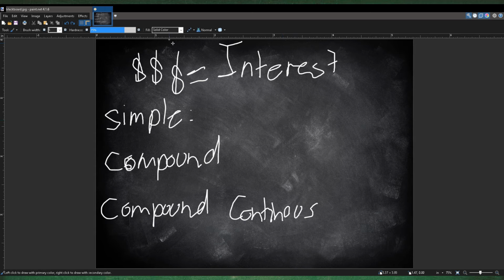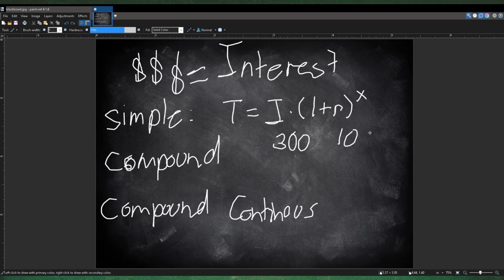So the total money you have is equal to your initial money times 1 plus the rate, to the power of x, basically. Let's say you have $300 and you're earning 10% each year.